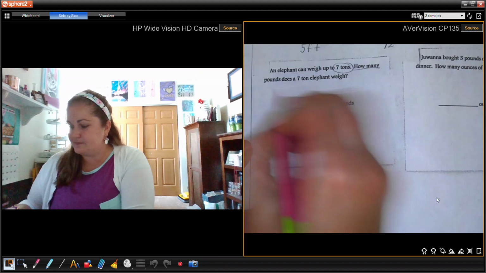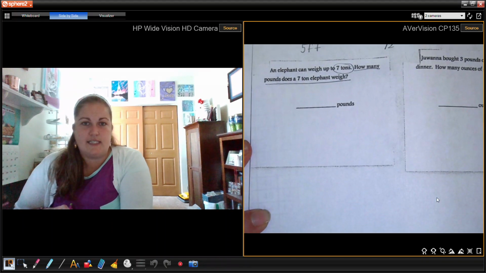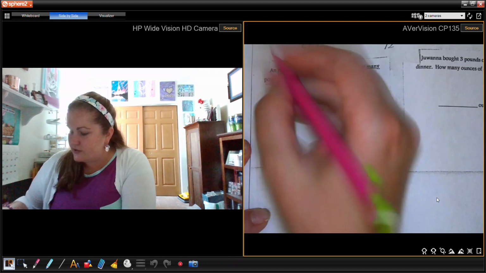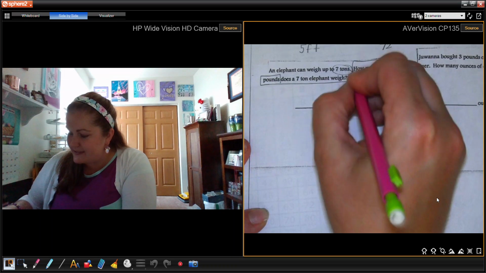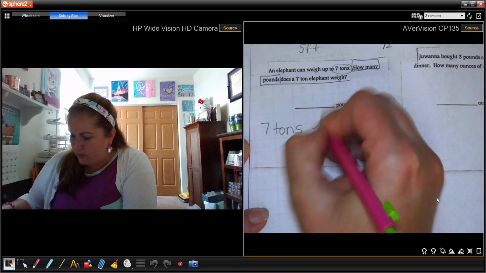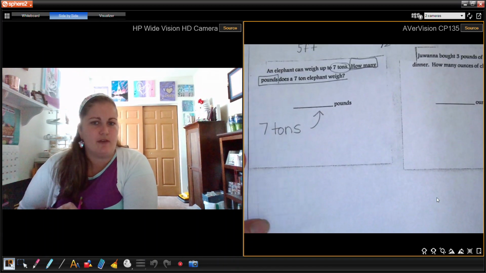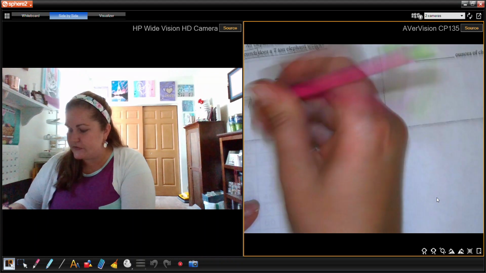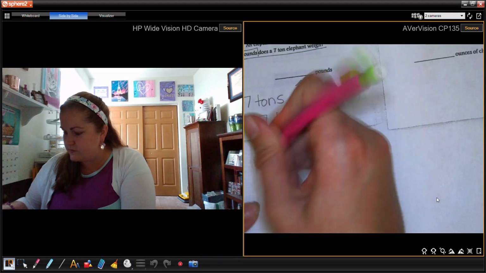I can underline my question, and then I might box in some math keywords. It's talking about pounds. How many pounds? So essentially I'm thinking to myself, 7 tons, I want to know how many pounds is that. And I could do the same thing as I did before. I can draw myself 7 groups to represent each of those tons.